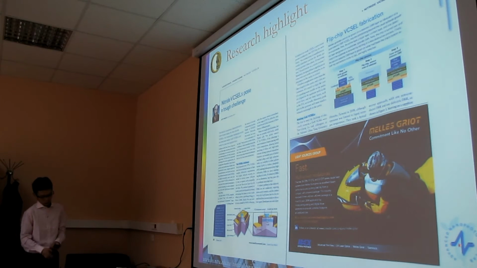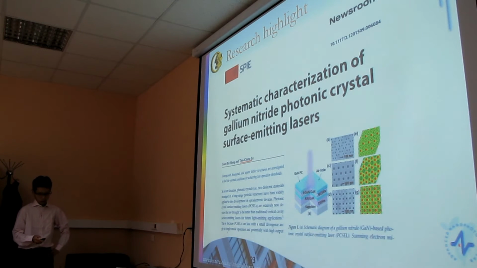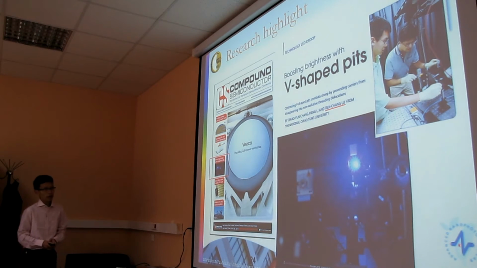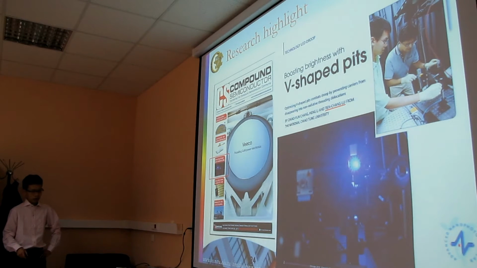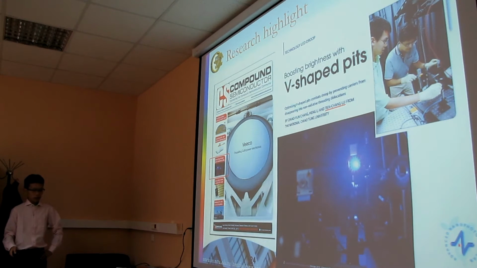Another one is about photonic crystals in the nanolasers, which is also about gallium nitride pixels and this SPP nanolaser. And this is about the brightness enhancement of indium gallium nitride LEDs with V-pit issues. We also had feature articles published in Compound Semiconductor in 2015.